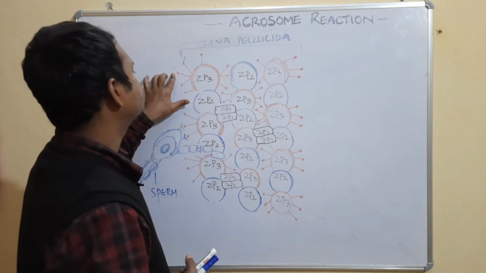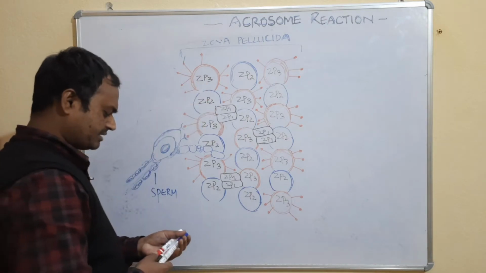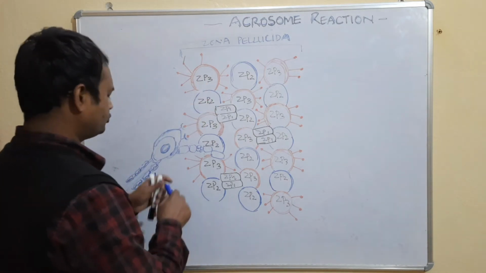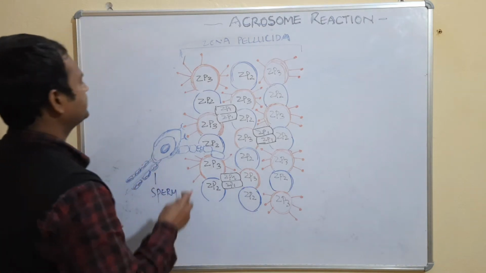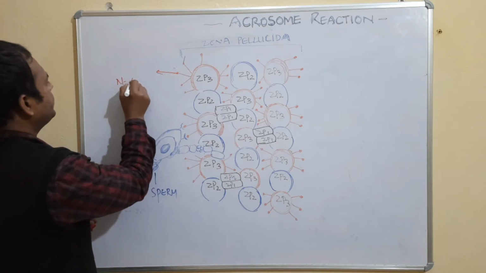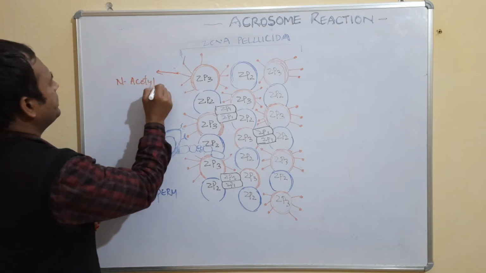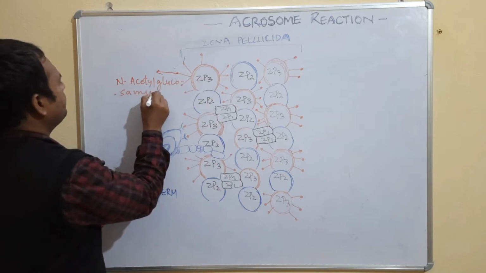Here is zona pellucida 3, and this is a carbohydrate molecule called N-acetylglucosamine.